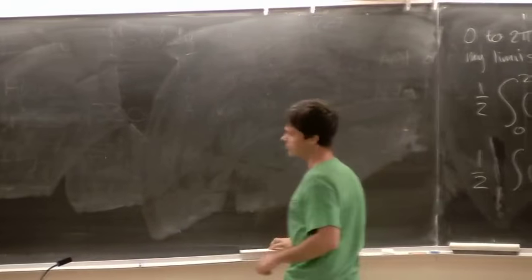This will be 2 pi over 3. That's pi. This will be 4 pi over 3, 5 pi over 3, and 2 pi. Okay, so just like in that example, each one of these corresponds to a lobe.